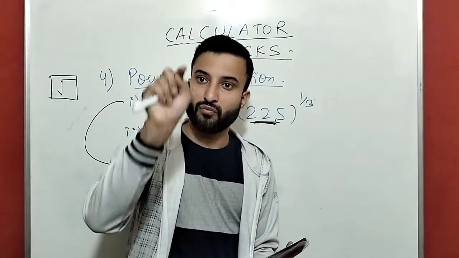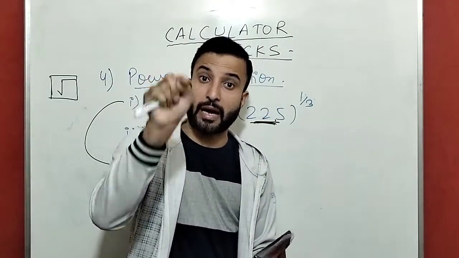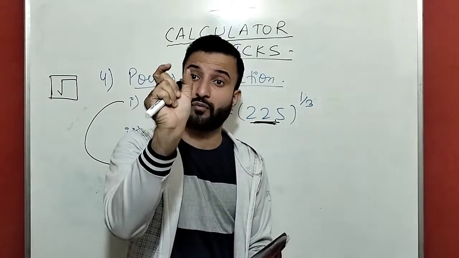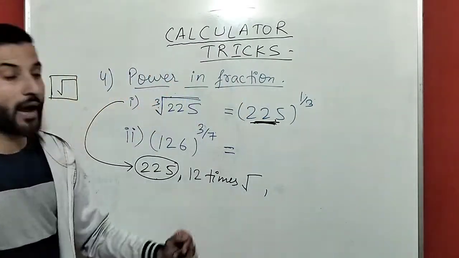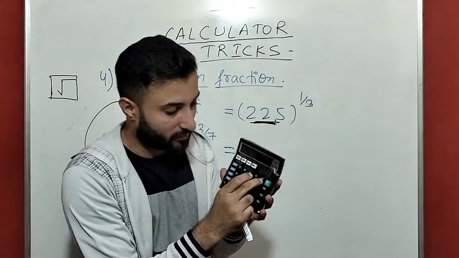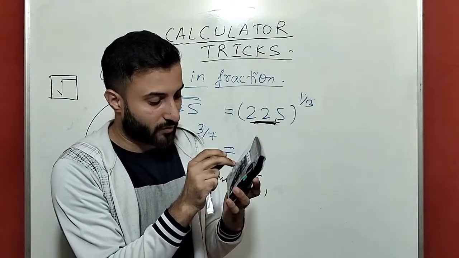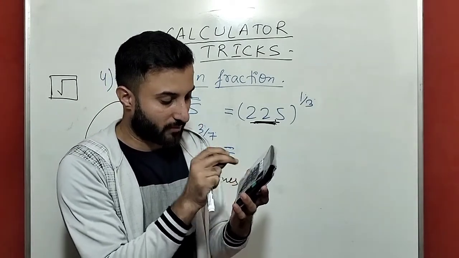You have to press the square root button 12 times. So I will press the square root button 12 times: 1 time, 2 times, 3, 4, 5, 6, 7, 8, 9, 10, 11, 12. I typed the square root button 12 times.